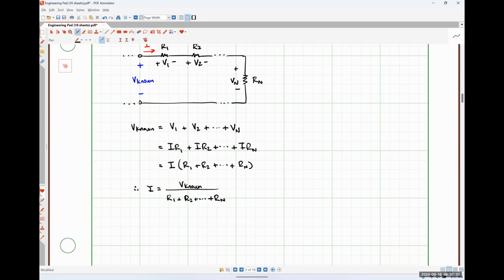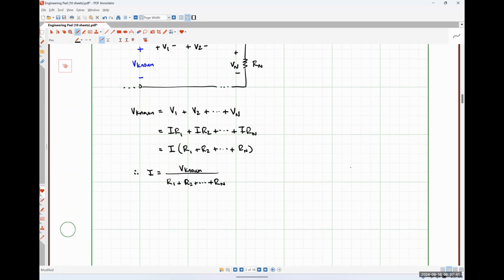Okay. So if I wanted the voltage drop over just the resistor R1, which I'm going to call V1, well, using Ohm's law, V1 is nothing more than I times R1.